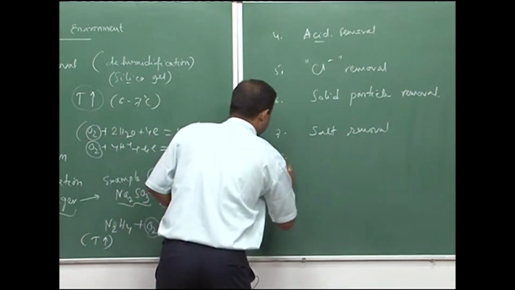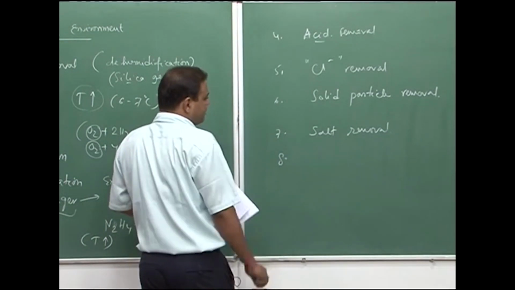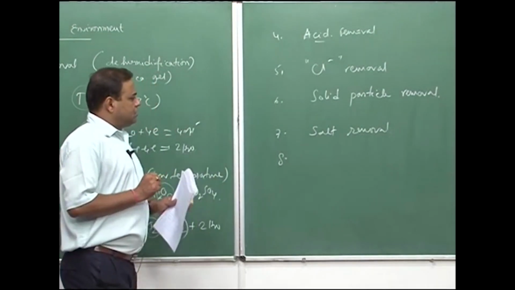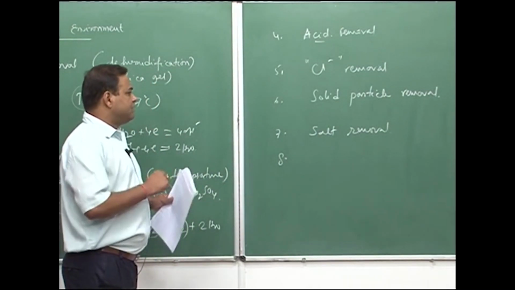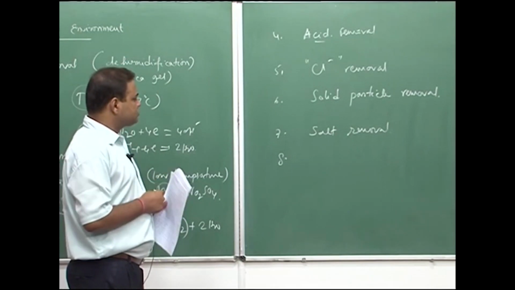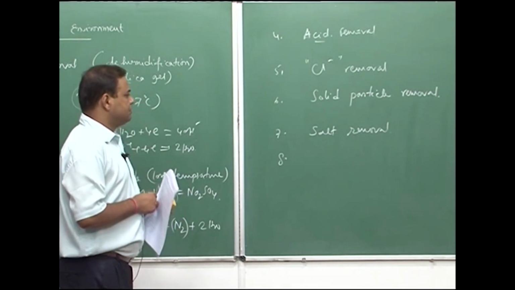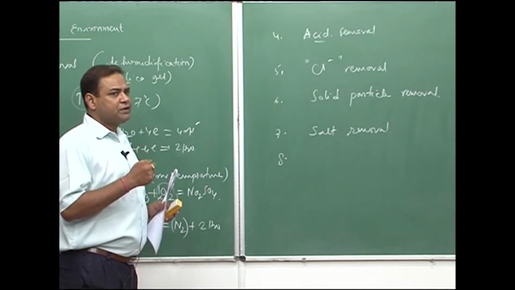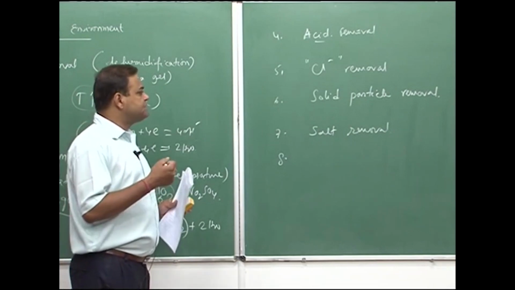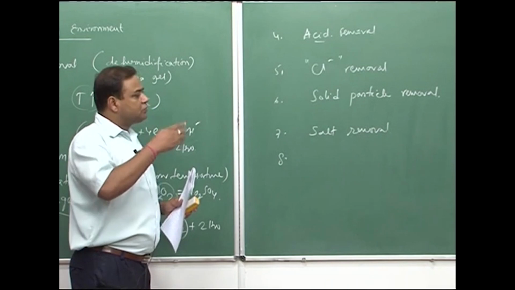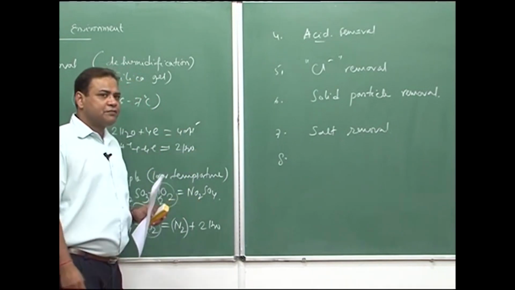And finally, we can also add chemicals in a very small amount, maybe of the range of ppm level, which can increase the corrosion resistance of a particular metal by either taking care of the corrosive species, or by forming some passive layer on the surface.